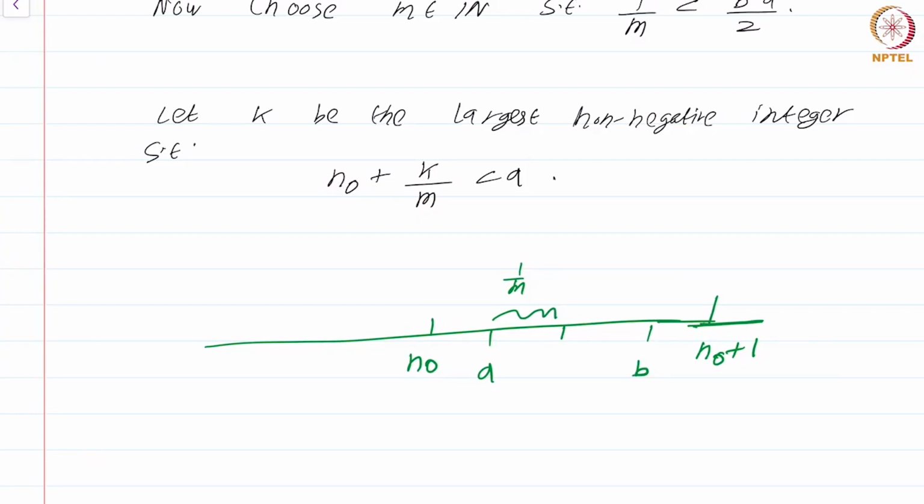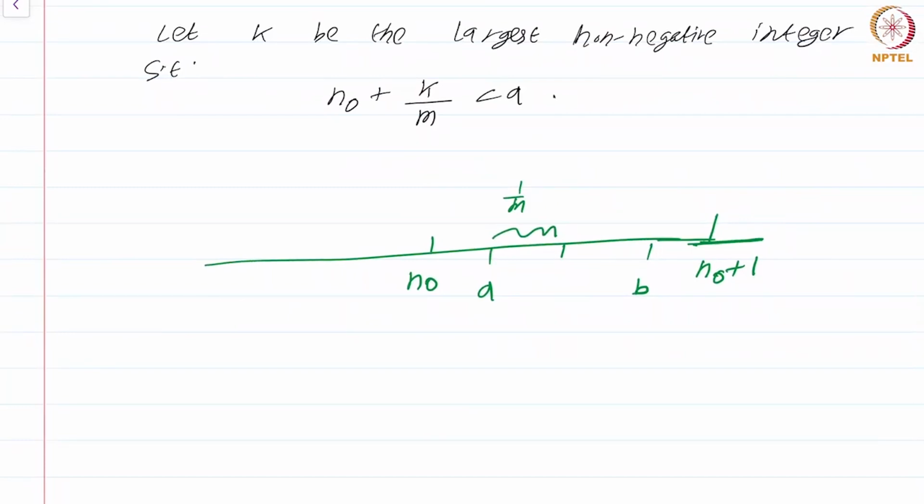Then what we are doing is, starting from n naught, we first go to n naught plus 1 by m, then n naught plus 2 by m, and so on, finding the largest integer such that n naught plus k by m is less than a.